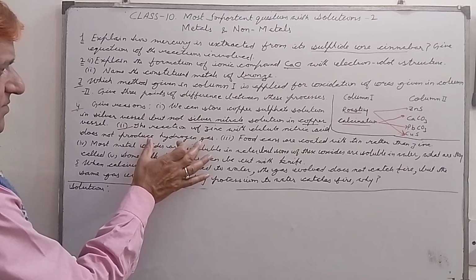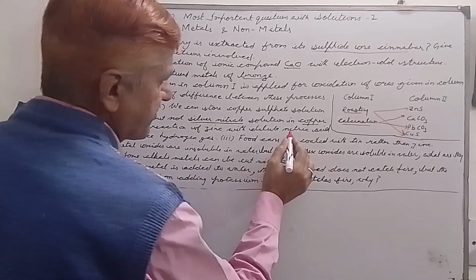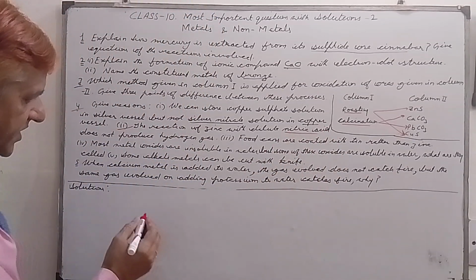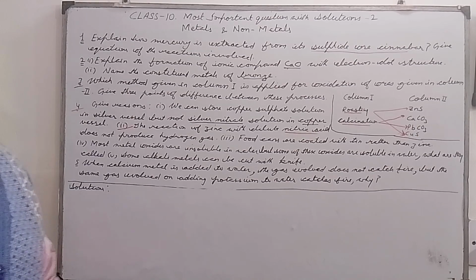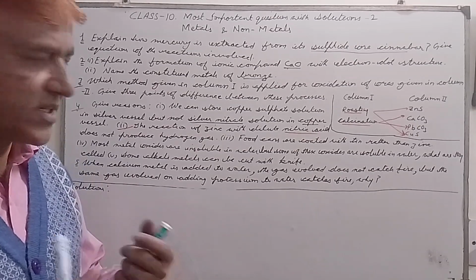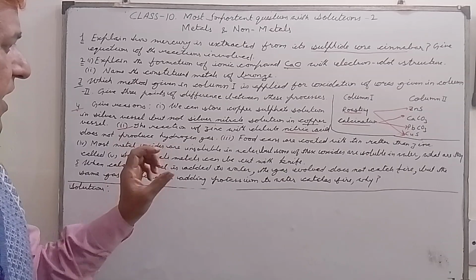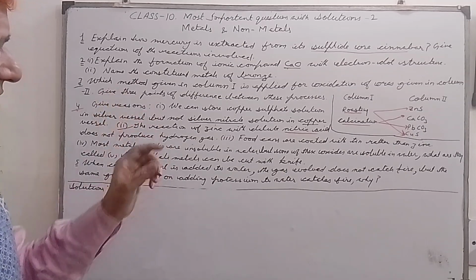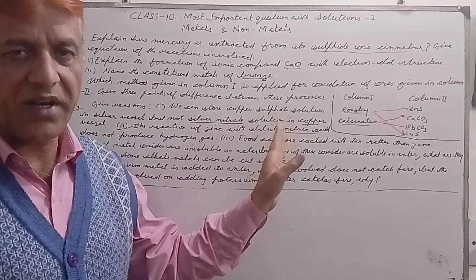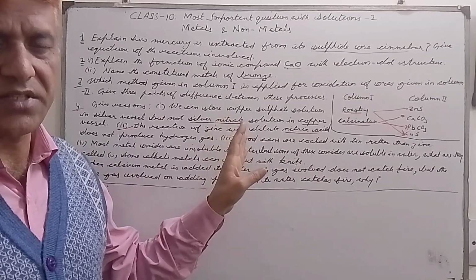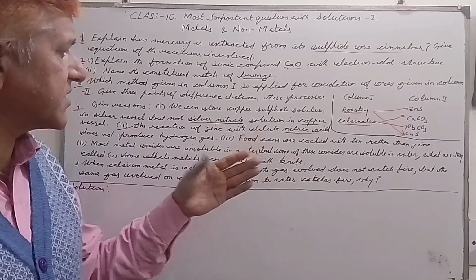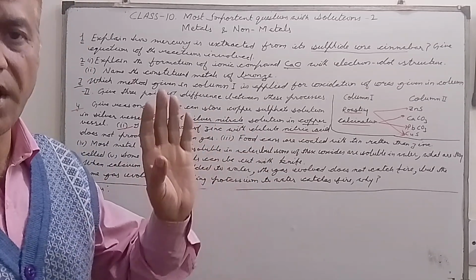Now my dear students, always remember that nitric acid is an oxidizing agent, and always remember that when metals react with mineral acids like sulfuric acid, hydrochloric acid, nitric acid, hydrogen gas is produced.